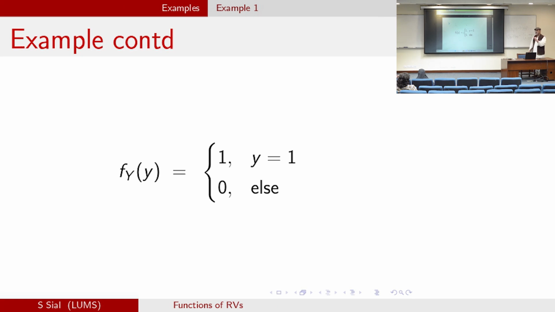So you integrate the probability density from A to B to give you the probability that the random variable takes some value within the interval from A to B. Okay?